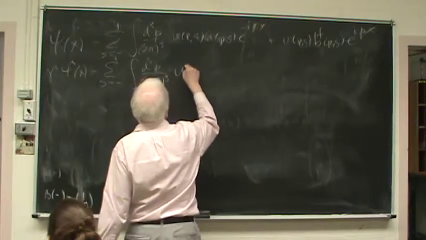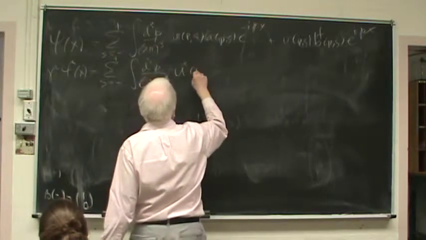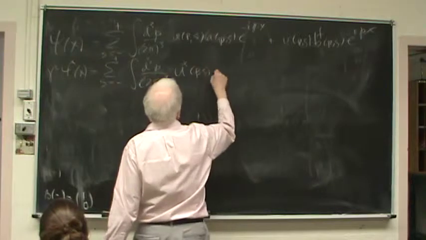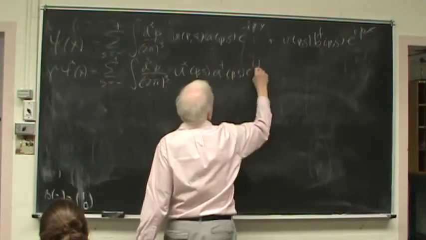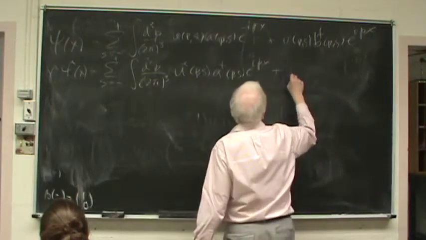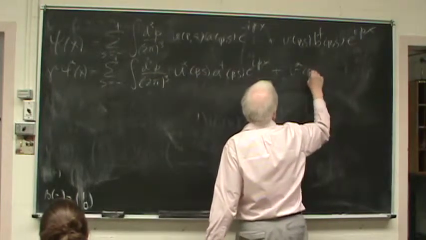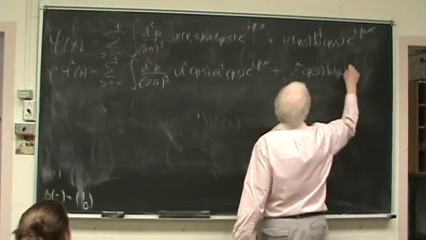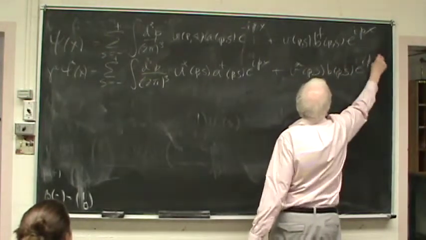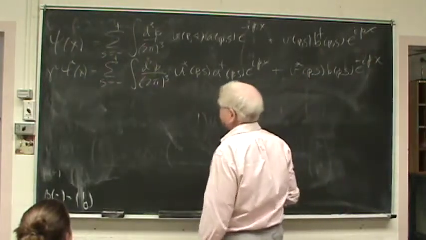Now we have u star of p and s, a dagger of p and s, e to the i px, plus v star of p and s, b of p and s, e to the minus i px.